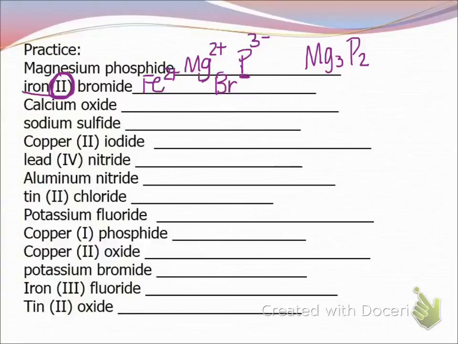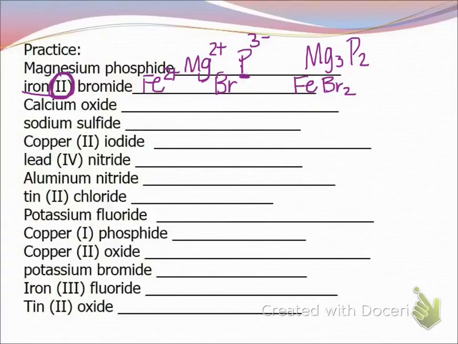In order to get that to bond to be electrically neutral, I need my negatives to equal my positives, so I'm going to need 2 bromine to go with 1 iron. So my formula would be FeBr2.